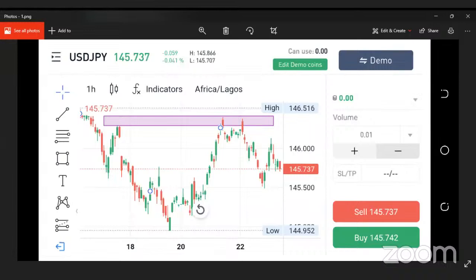So now, moving on from the chart, we have what we call bullish and bearish in the forex market. The term bull means bullish, and when you hear somebody saying bear, it means bearish.